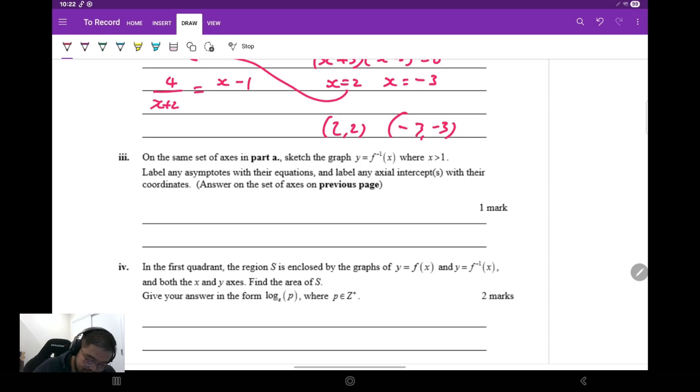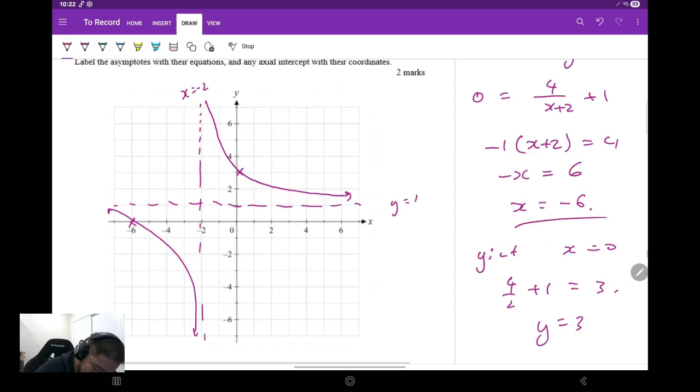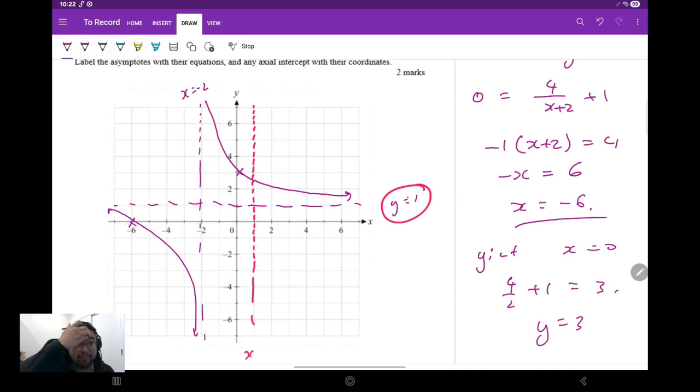So something here we need to consider is that if the original had an asymptote at y equals 1, the inverse will have an asymptote at x equals negative 1. And this one here will be at negative 2. So x is equal to negative 2.